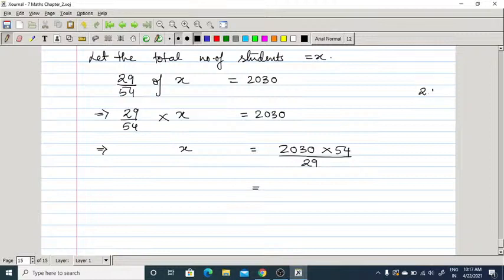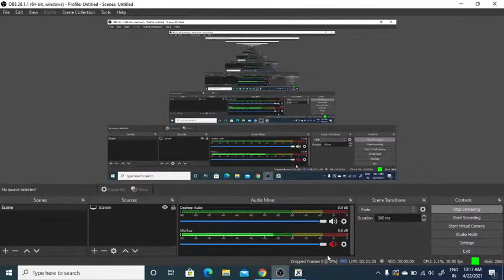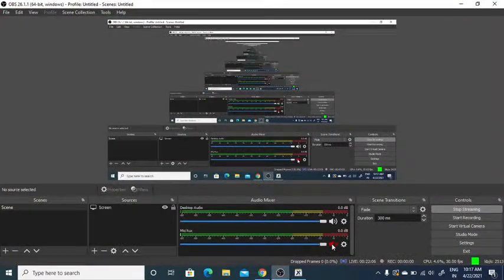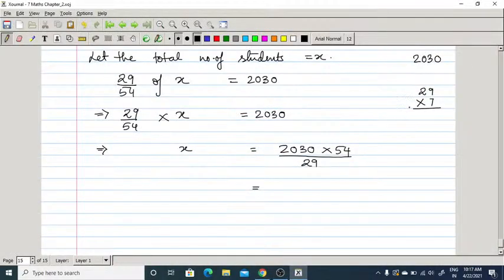So let us see, I want to find out whether 2030 is a multiple of 29 or not.